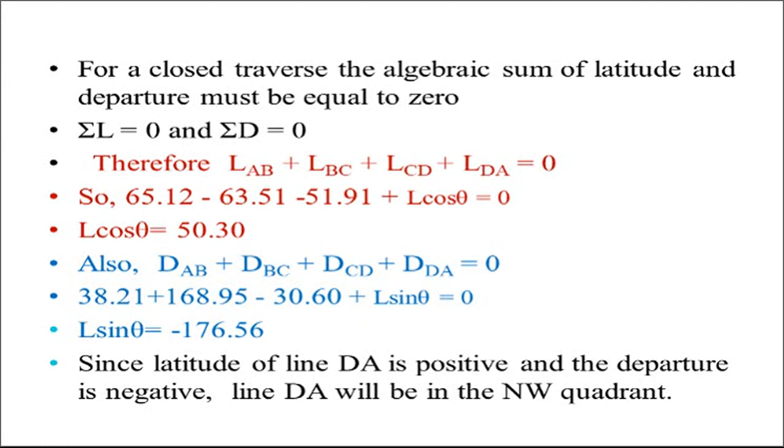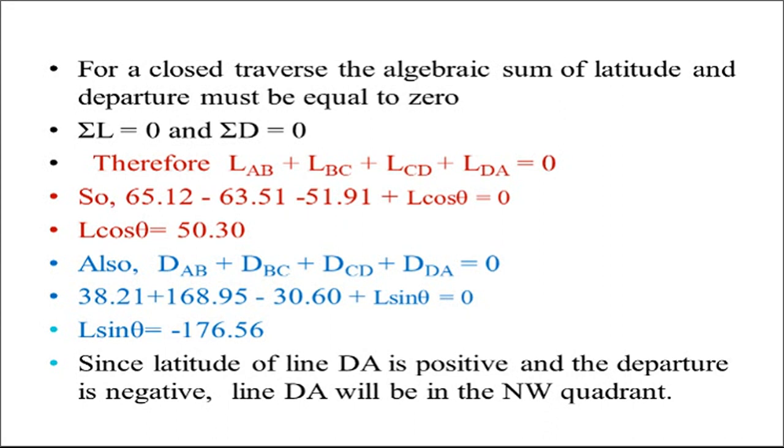Therefore, latitude of line AB plus latitude of BC plus latitude of CD plus latitude of DA is equal to 0. Substituting the values, 65.12 minus 63.51, since latitude of BC is negative, and latitude of CD is again negative, minus 51.91, plus L cos theta is equal to 0.